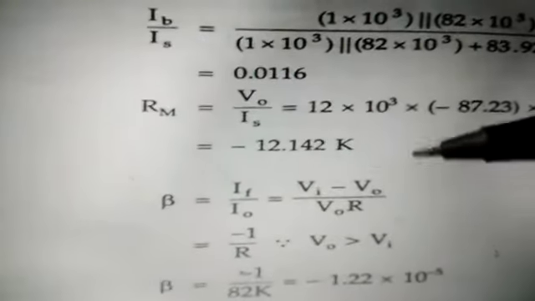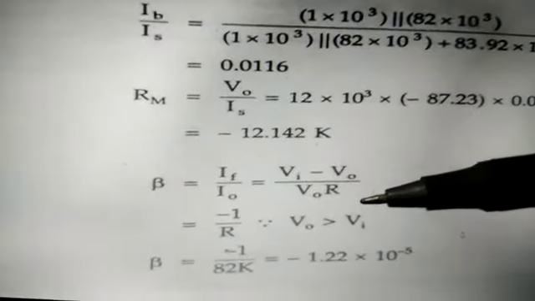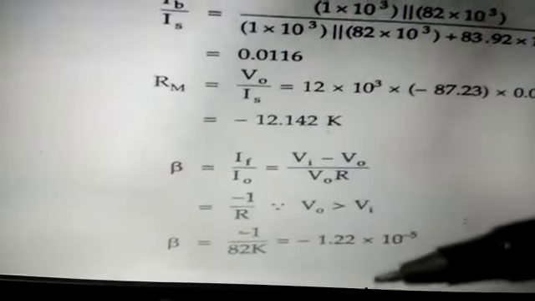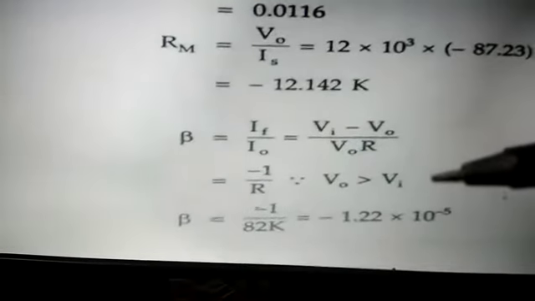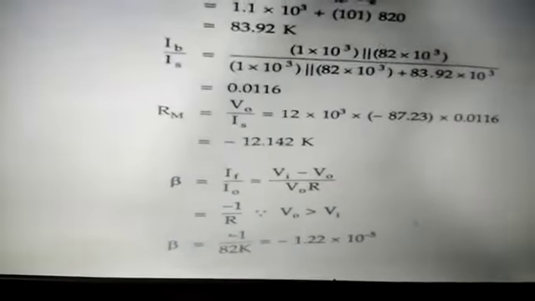So this factor can be calculated as Vi minus V0 upon V0 into R. This is equal to minus 1 by R, since V0 is very much greater than Vi. So beta factor is minus 1.22 into 10 to the power minus 4.